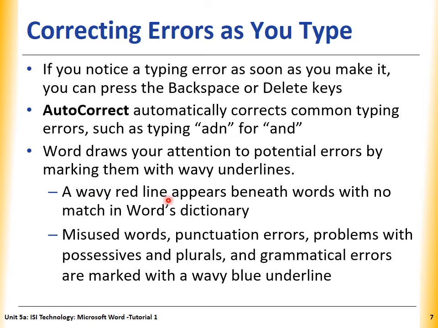The wavy red line appears beneath words with no match in Word's dictionary. Misused words, punctuation errors, problems with possessives and plurals, and grammatical errors are marked with a wavy blue underline. We're going to see this also.